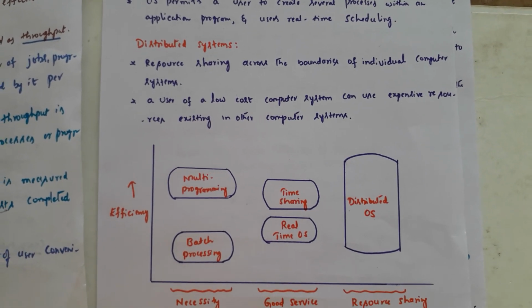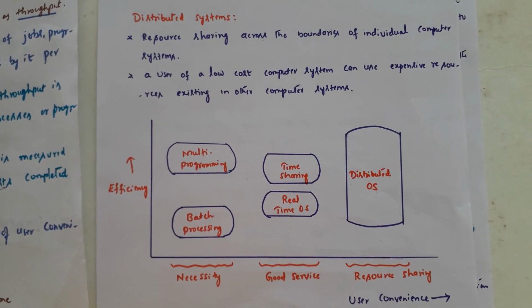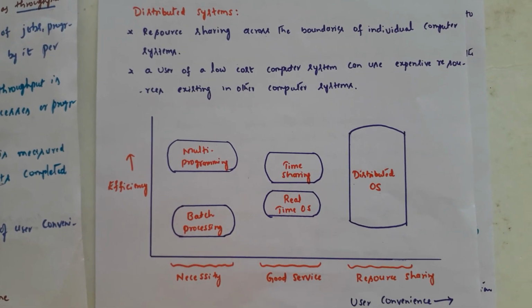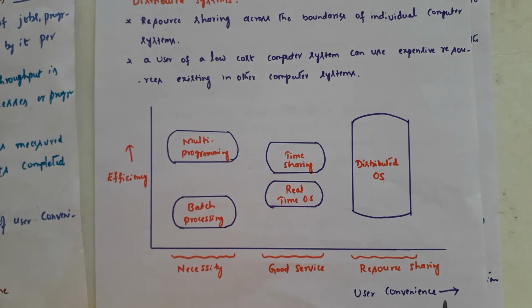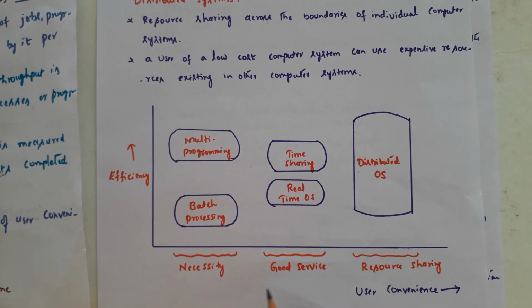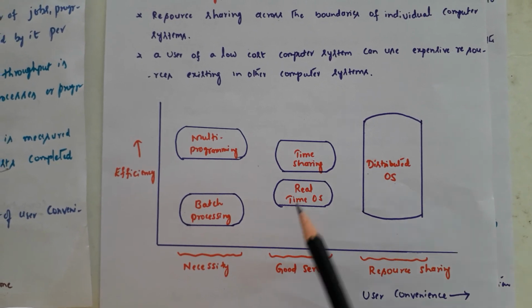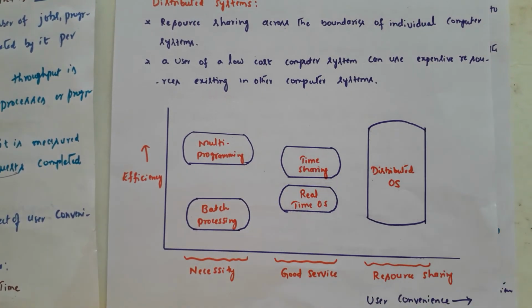Based on all these operating systems which started evolving from the 1960s, we have made a graph drawn against efficiency and user convenience, and based on the parameters we have divided their efficiency. Based on necessity, we can categorize multi-programming and batch processing.